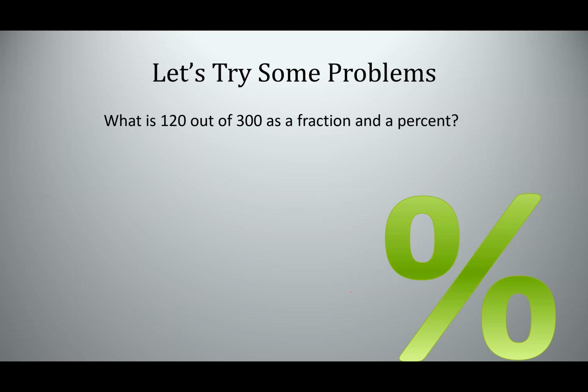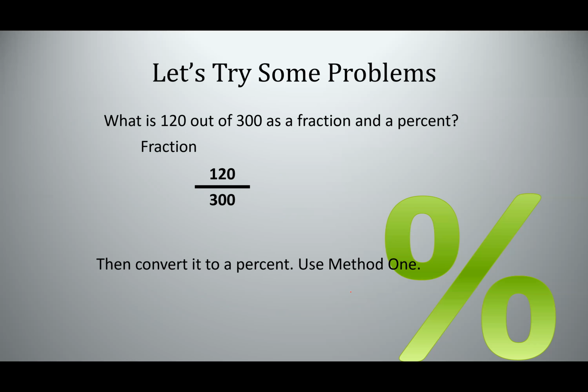What is it as a fraction? Who's got it? Macy? Yeah, 120/300ths, right? What if I want to change that to a percent? What would be an easy way to do that? McKinley? Yeah, we could use method 1 and divide it by 3 over 3, and that would give me 40/100ths.